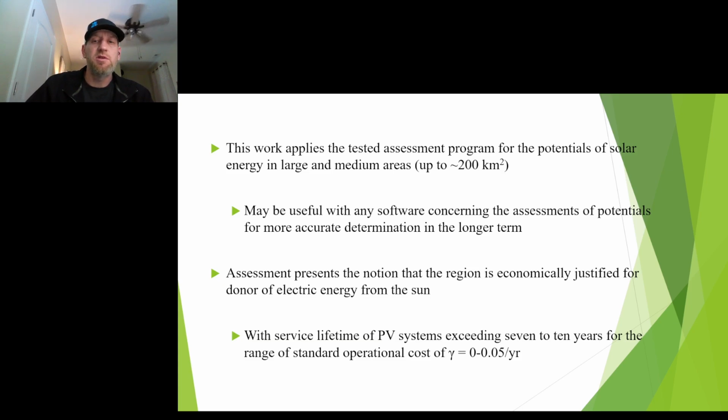Assessment presents the notion that the region is economically justified for donor of electric energy from the sun, with service lifetime of PV systems exceeding 7 to 10 years for the range of standard operational costs of Y equals 0 to 0.05 per year.